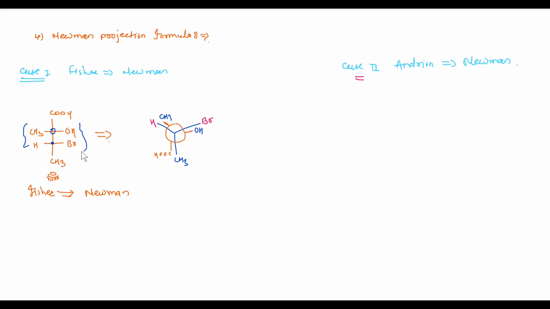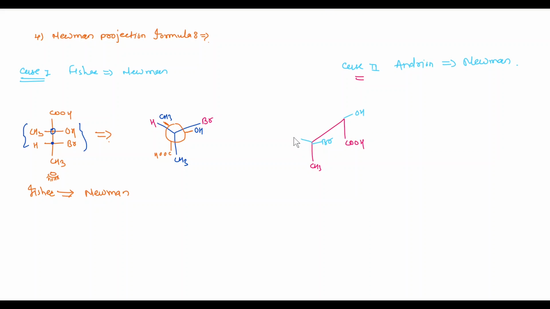Take this same example. First of all, convert this Fischer projection into the anterior (sawhorse) formula. Draw a diagonal line to the vertical line, and on each terminal of the diagonal write the substituent of carbon number 2 at the top side, that is CHO here and CH3 here. The substituent on the right hand side we write on the right hand side, that is hydroxy and bromine.